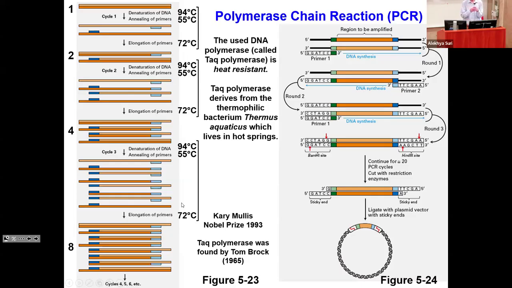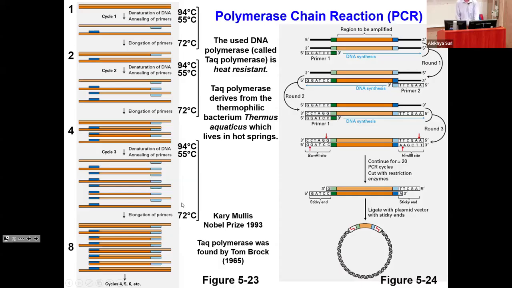So what you need is high temperature. You see here 94 degrees. This is basically boiling water. If you have regular cells at 94 degrees, everything would be dead, denatured, there wouldn't be anything working, so you can't use that.